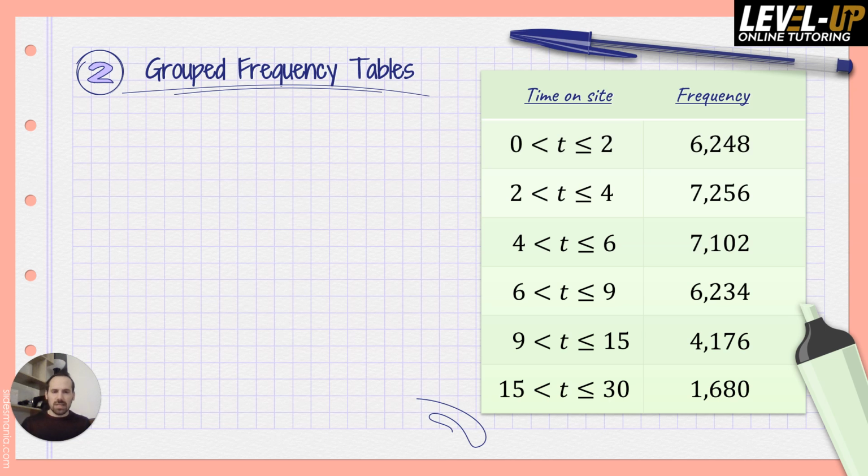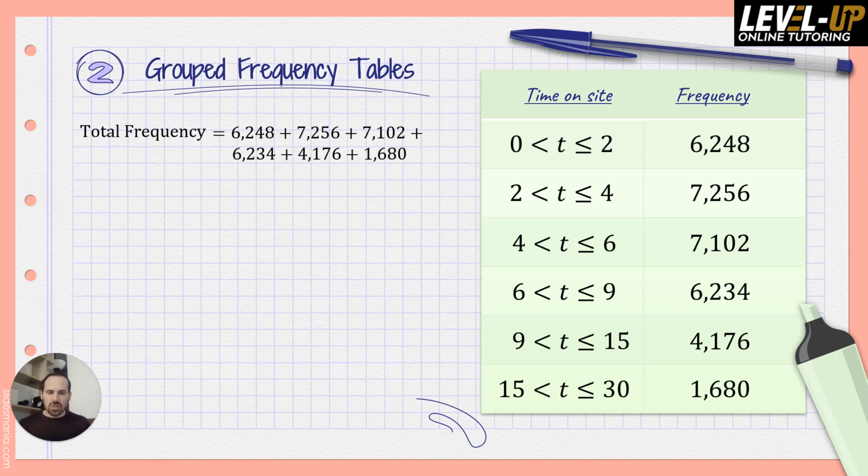So we can calculate the total frequency still, because the total number of people that was tracked over this time period is going to be 32,696. And then we could find, first of all, which category the quartiles will be in, say. So the median, if there's 32,696, the median is the 50% point, the midpoint of the data set.